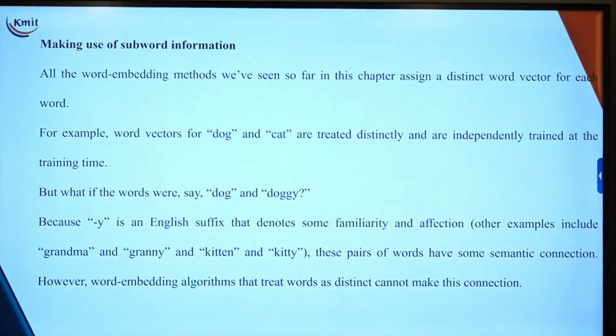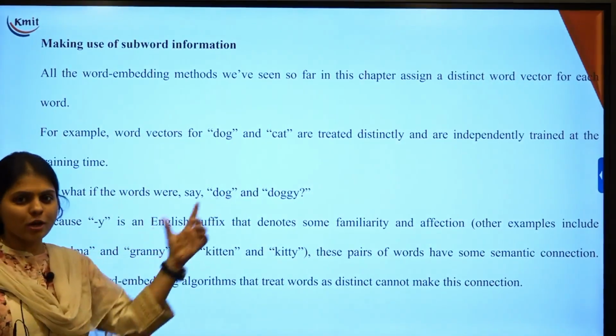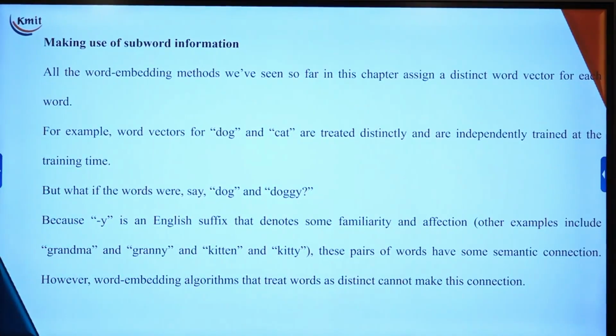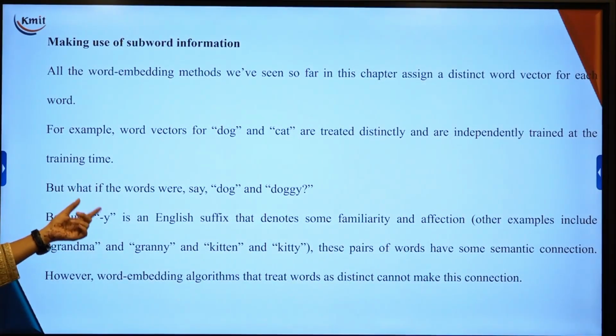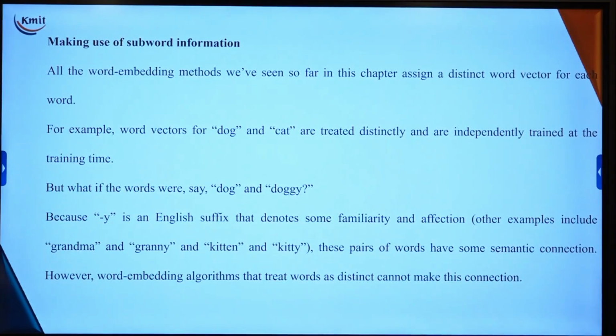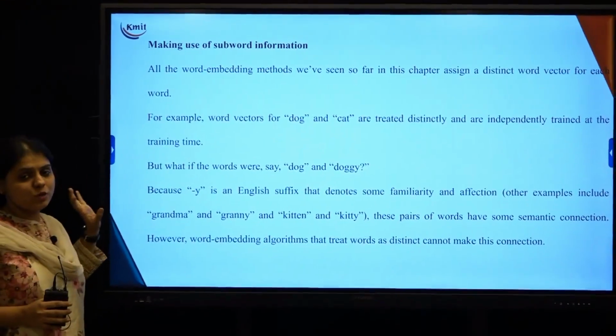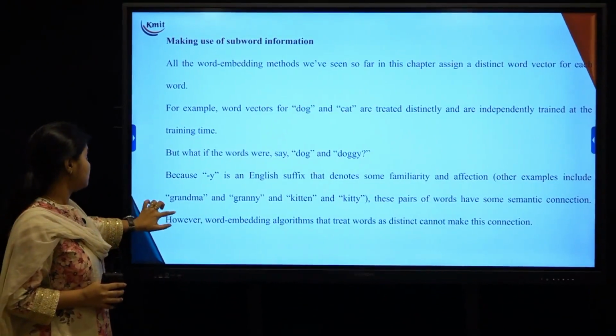As I told you in the previous case, when we have two words, dog and doggy, you have two distinct word vectors for the same word, because here y is an English suffix that denotes some familiarity or affection to the word dog. Similarly, grandma, granny, kitten, kitty. These are pairs of words which have semantic connection. In the case of these words, fastText would help us.